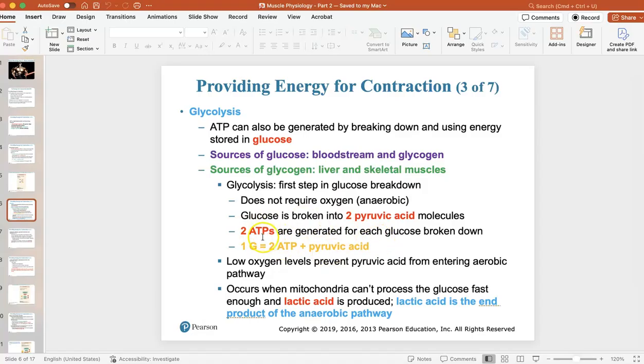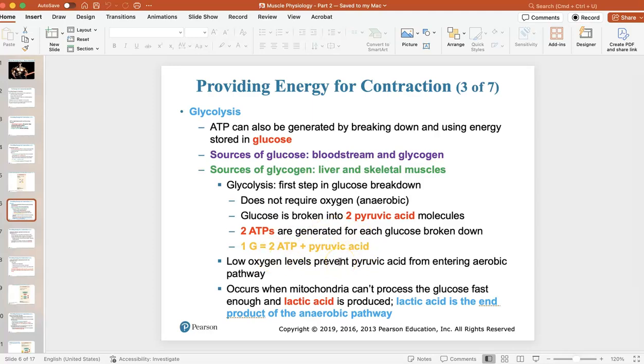But the main thing here is that per molecule of glucose, we're going to get 2 ATP, and that's net, because it actually takes ATP to drive this process to make ATP. It's kind of a strange concept, but it literally takes ATP to make ATP. So per molecule of glucose, we get 2 ATP and pyruvic acid.